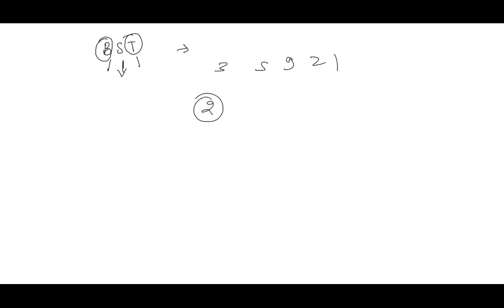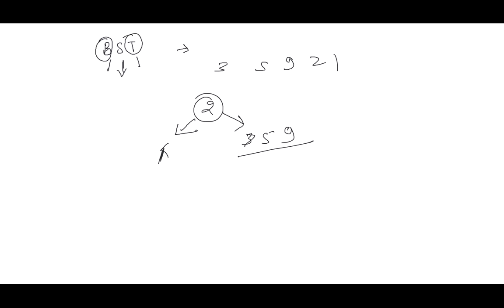All the elements present on the left side of this tree would be less than 2, and all the elements on the right side would be greater than this. So all of 3 5 9 come here and 1 will come here. Okay, so that would be the structure of a binary search tree.